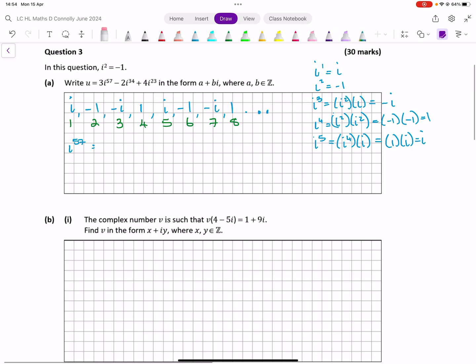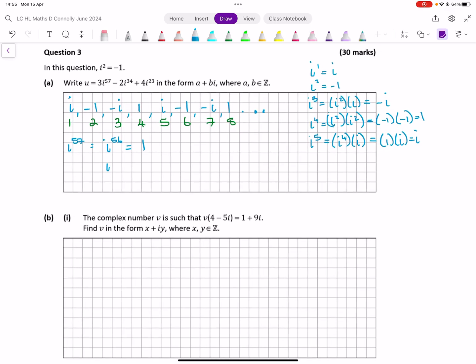What is 14 times 4? 14 times 4 is 56. So that means i to the 56 is a multiple of 4, which means it's 1. So then i to the 57 is the next in the sequence, which is i.